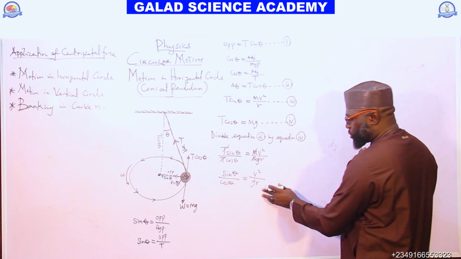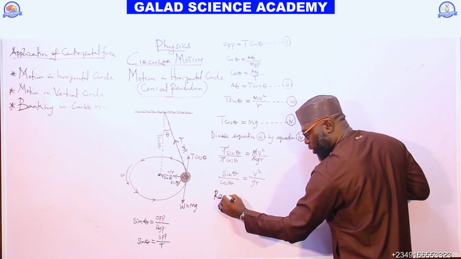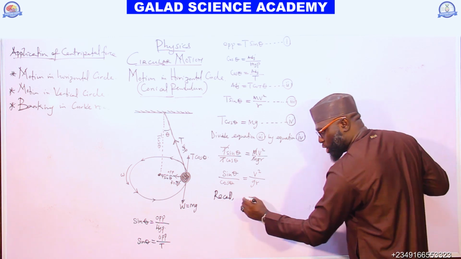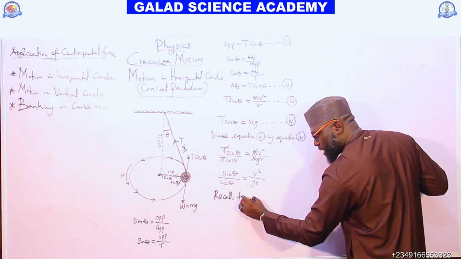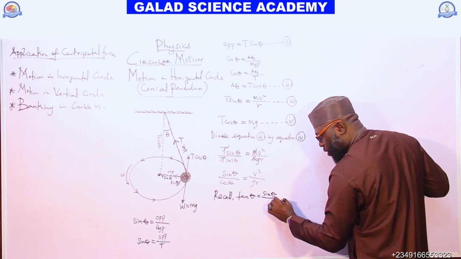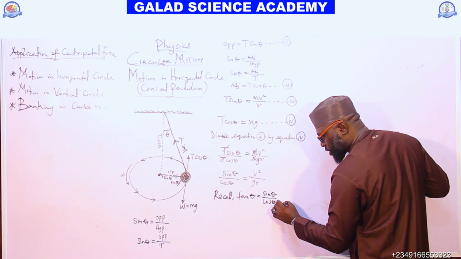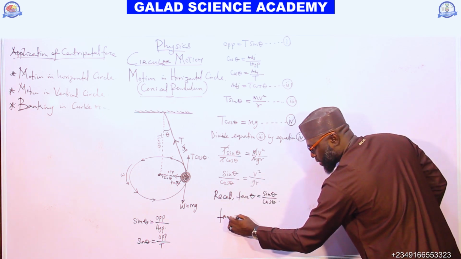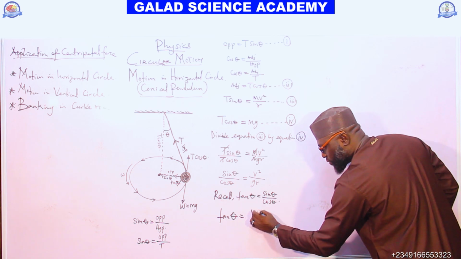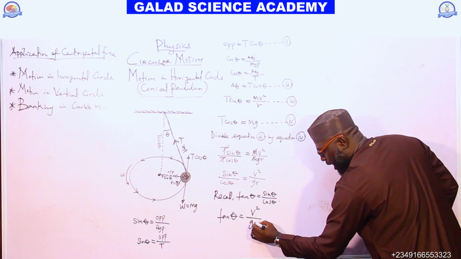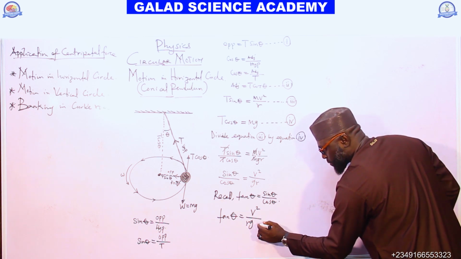The next thing we do now is recall from trig identity that tan theta is written as sin theta over cos theta. You can put it here. You now have tan theta equal to v square over g r, or r g.